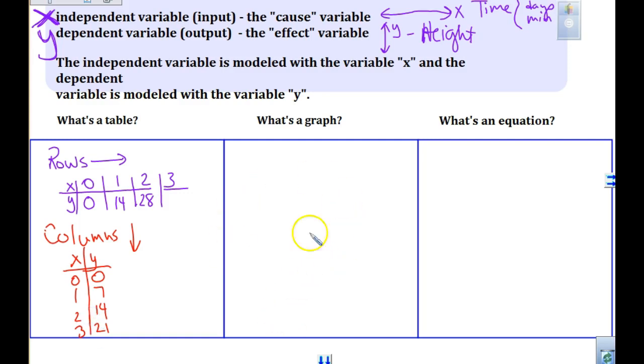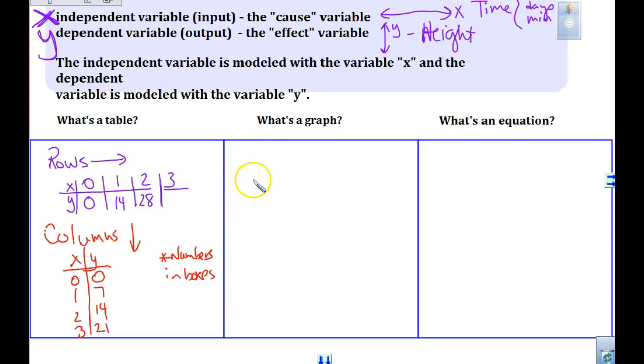Our table is usually going to have numbers within the boxes. Usually you get to choose the x. It's independent. But a lot of times we pick numbers like 0, 1, 2, 3, 4, 5 because they're easy numbers to compute. You could pick fractions or decimals, but usually those are going to be our easiest ones.